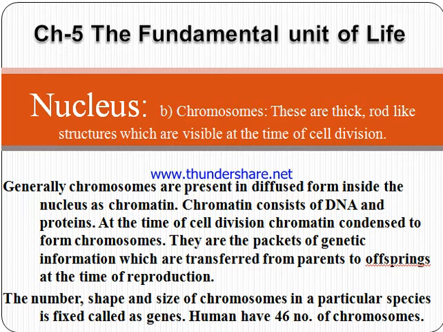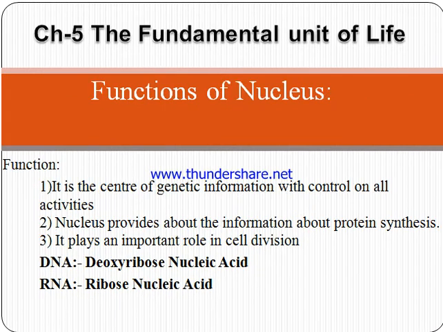The number, shape and size of the chromosomes in a particular species is fixed. In human beings, we have 46 chromosomes, that is 23 pairs. They are present in pairs.